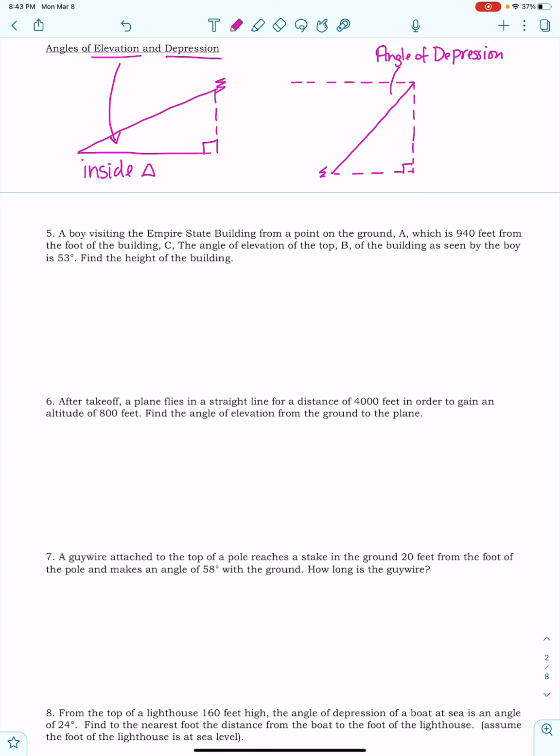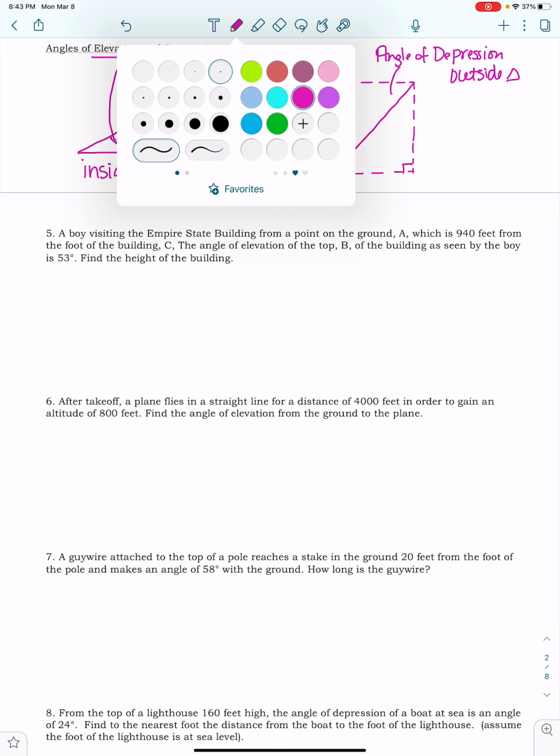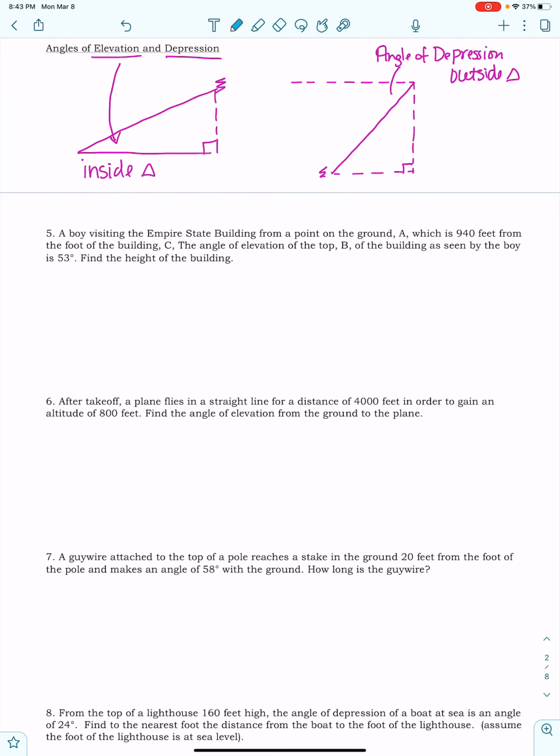So I'm going to write that right here: it's outside the triangle. But you need to be mindful of something and pay attention to the fact that because this line right here cuts through parallel lines, this angle of depression would be congruent to this angle of elevation right here. And it always works that way, so it's pretty cool.